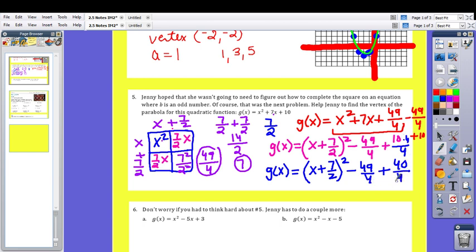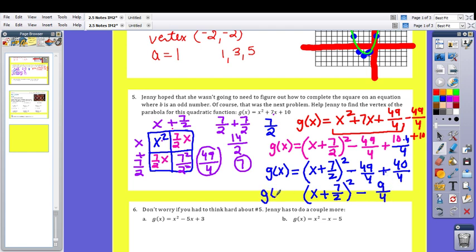My denominators are common, and they're different signs, so I can subtract 49 and 40, and I'll be getting take away 9 over 4.